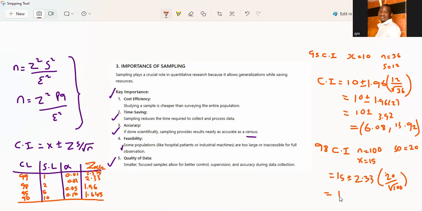So we're going to have 15 plus minus the standard error, 2.33 times 2. So what do we have here? 15 plus minus 4.66. So we subtract to get the lower bound and we add to get the upper bound. Is that clear?